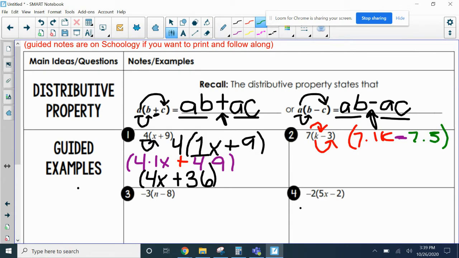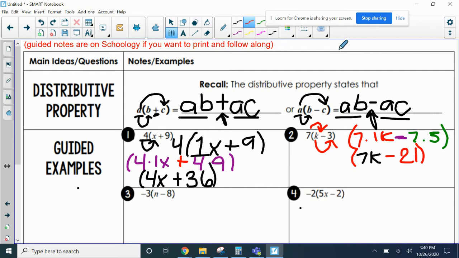We're going to go ahead and multiply that out. So we know 7 times 1 is 7, and we don't know what k is, so 7 times k we're going to leave alone. I'm going to bring down that minus sign, and then I have 7 times 3 is going to give me 21. Perfect.